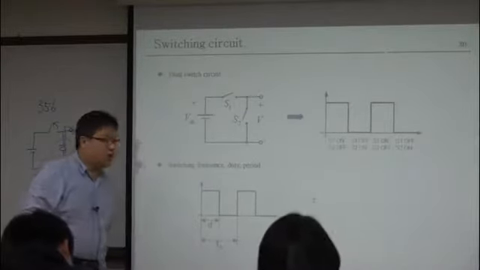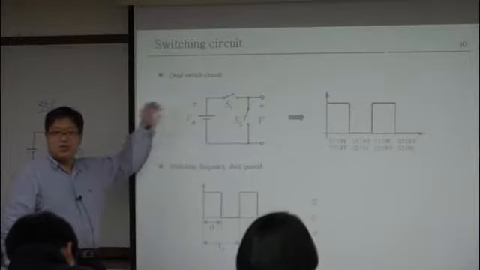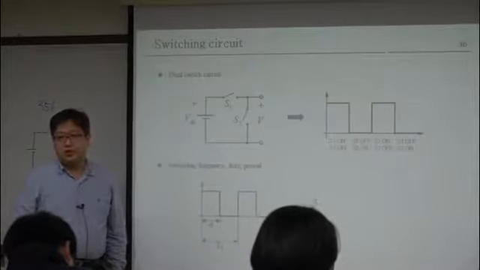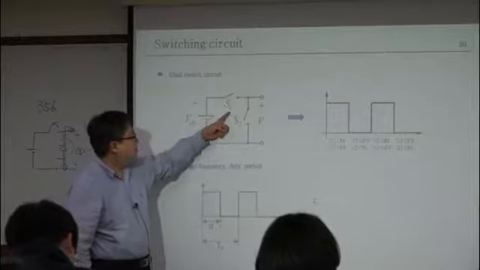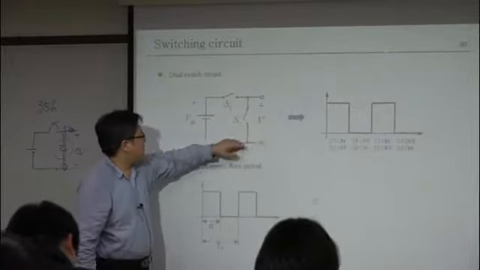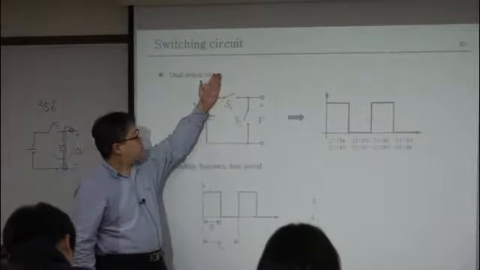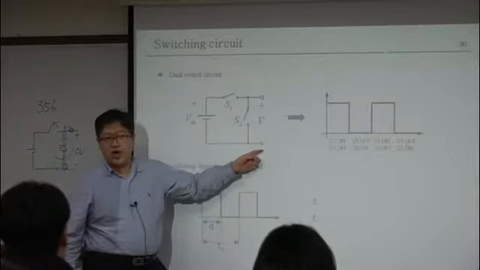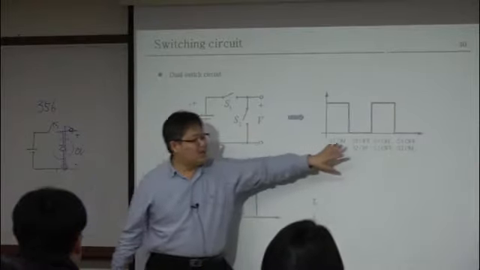One thing we can introduce is the dual switch circuit. Here you have two active switches. When you turn on S1, you turn off S2. Then V is the same as VDC. When you turn off S1, you turn on S2. Then this negative terminal is connected to here. So your V is what? 0 volt.